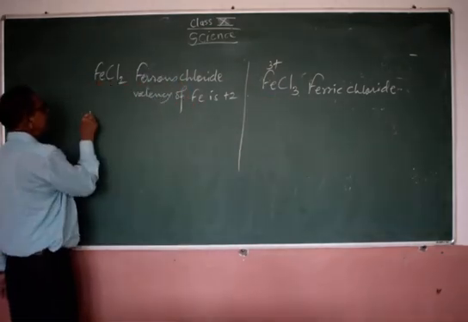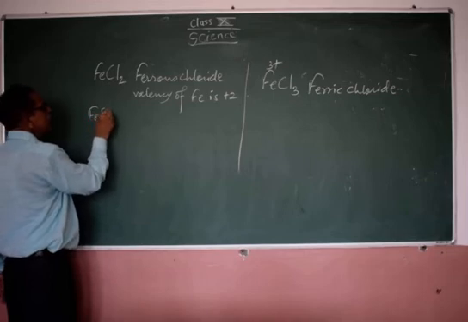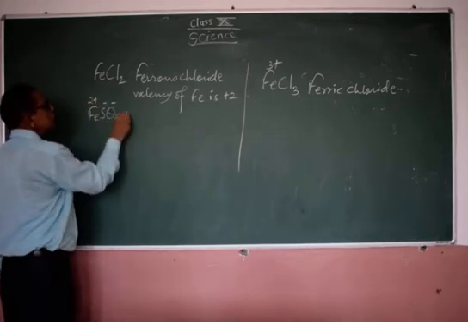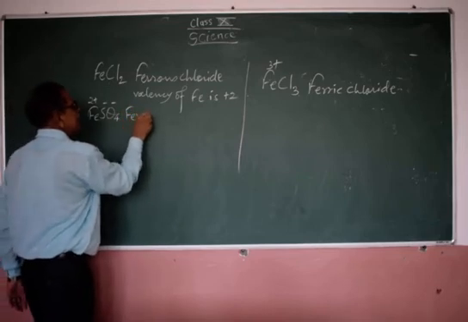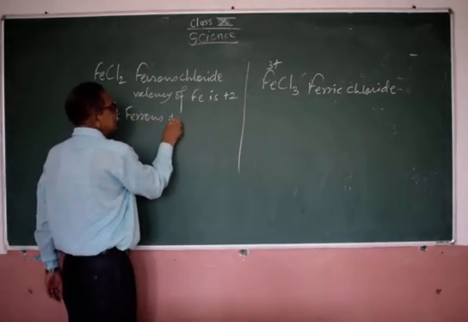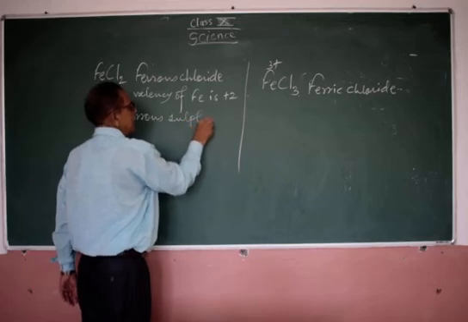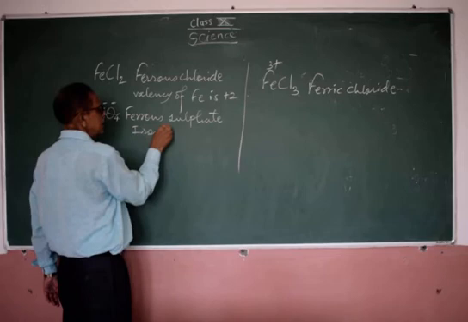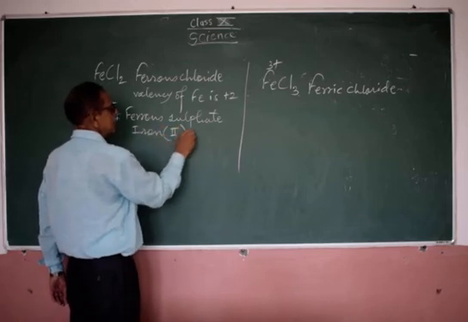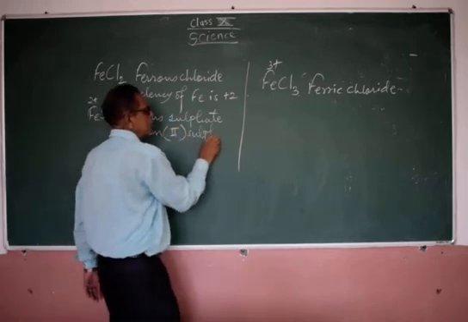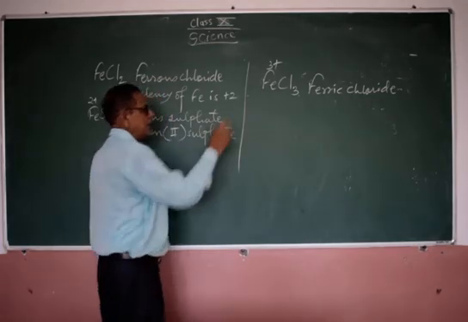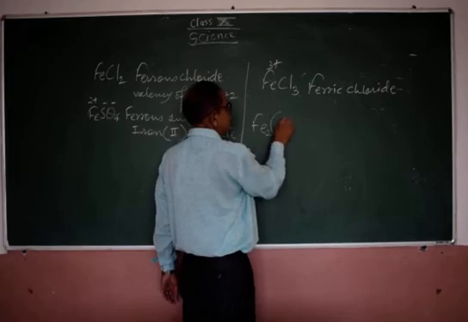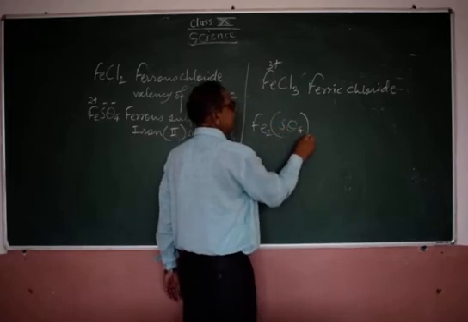And here again see FeSO4, minus 2 plus 2. This is ferrous sulfate, or another name for this, iron 2 sulfate. And here we can write Fe2(SO4)3.